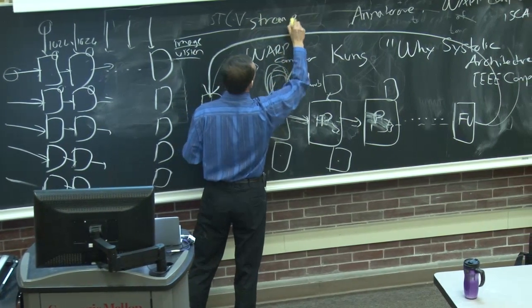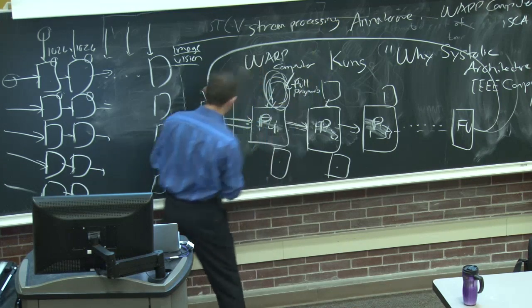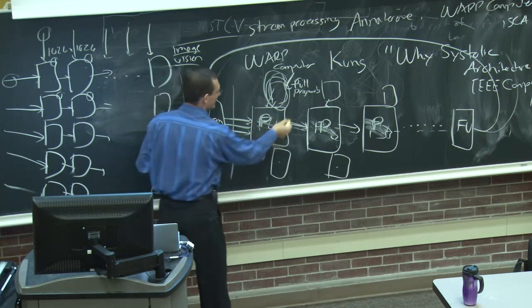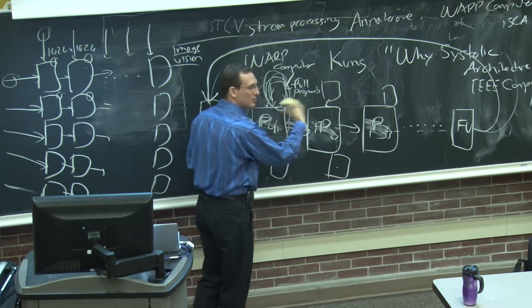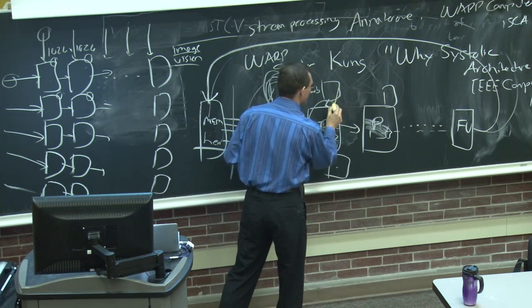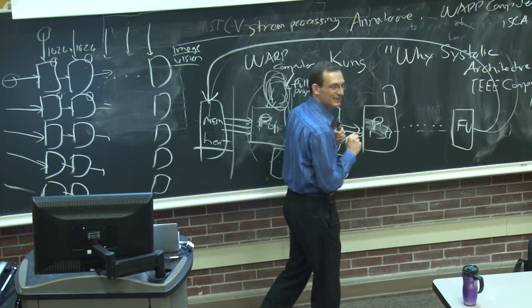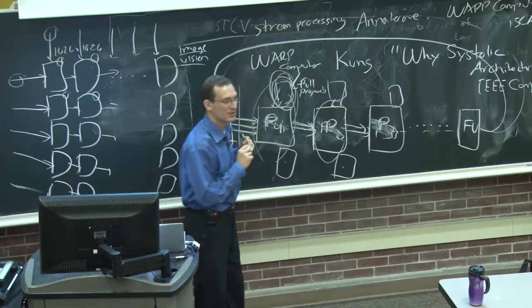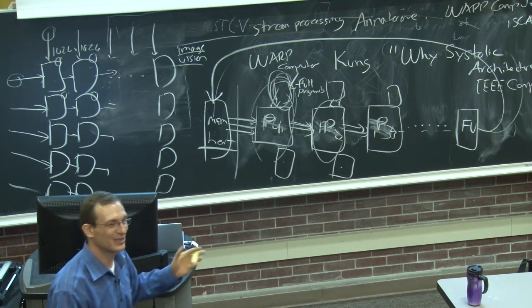If you think about this, it's essentially stream processing. You send a stream in, and a program operates on the stream, generates a stream out. Another program operates on the stream, generates another stream out, and eventually you have an output to the user.